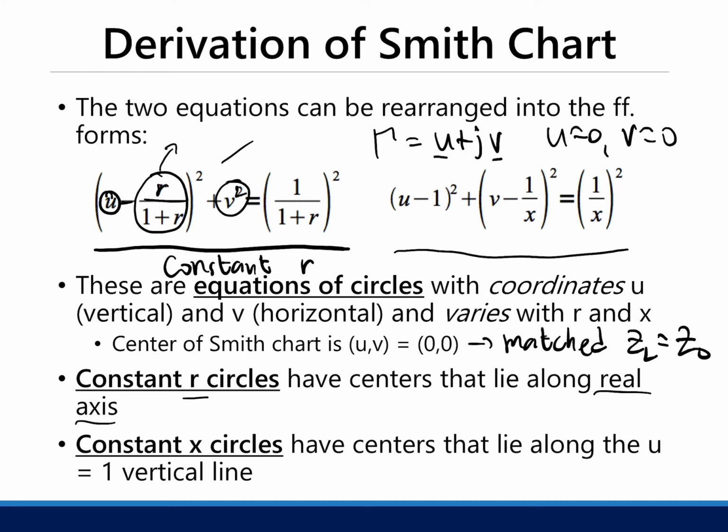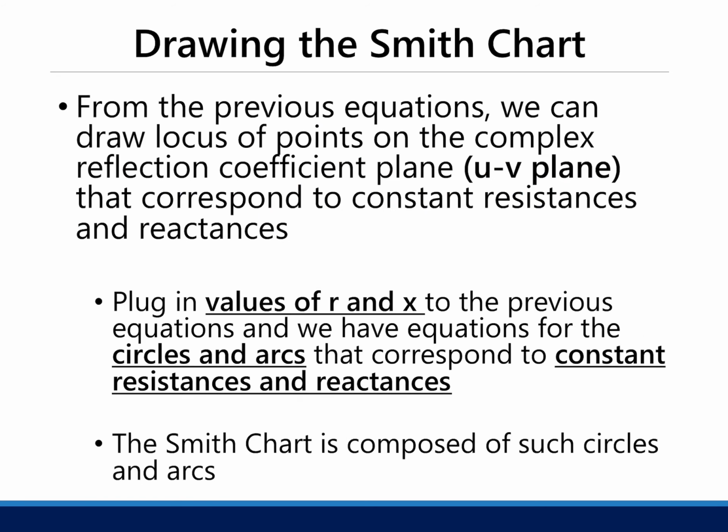The constant x circles are on the line where, since your u is displaced by 1, the center is displaced by 1 unit, and on your v-axis, your imaginary axis, the center is displaced by 1 over x depending on the reactance. The centers of the x circles lie on the u is equal to 1 vertical line.